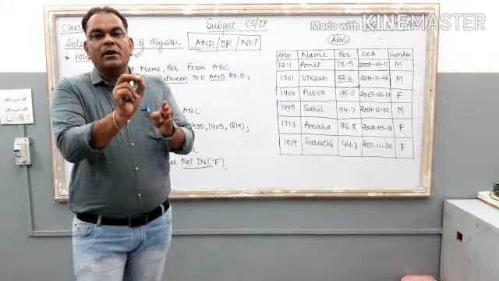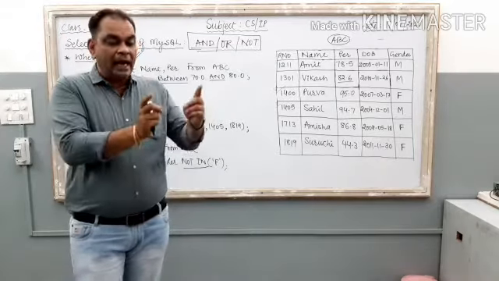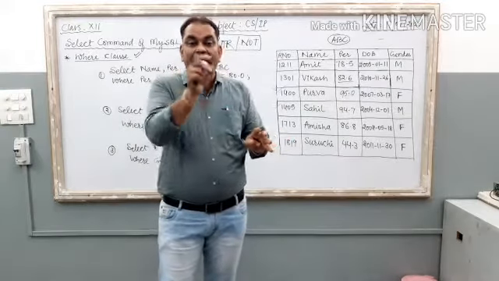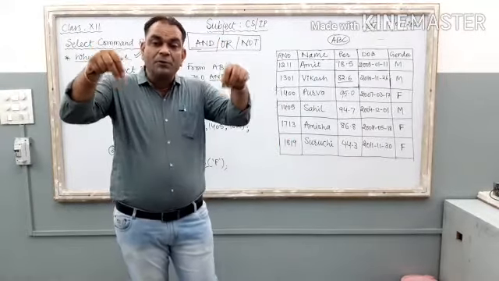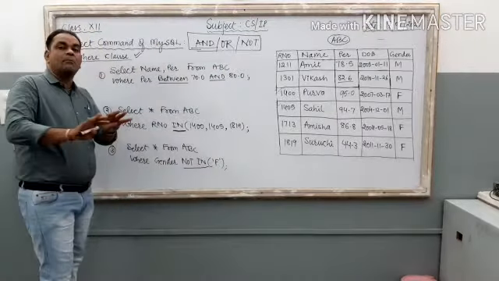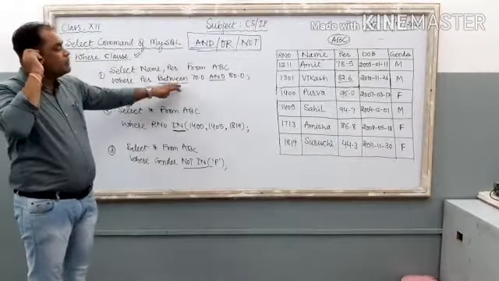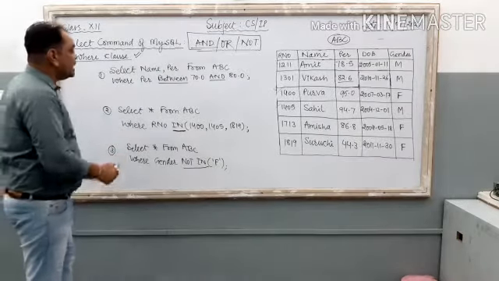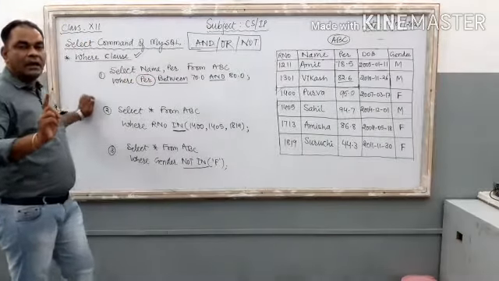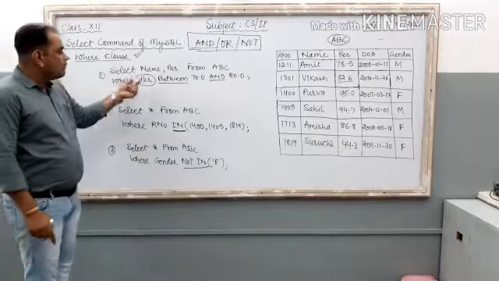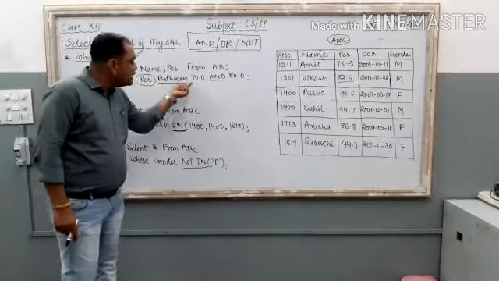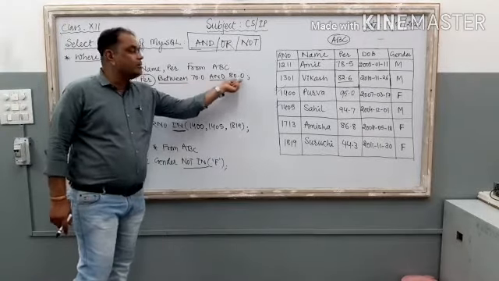Percentage greater than equal to 70, column name is here. And percentage less than equal to 80. Right? In both the conditions, column names are there if you use a relational operator, right? Now here in this line, no relational operators are there. Here I use between and. So with the between and command, you write the column name one time only. Clear? Where PER, it is the column of the table, where PER between 70.0 and 80.0, right?